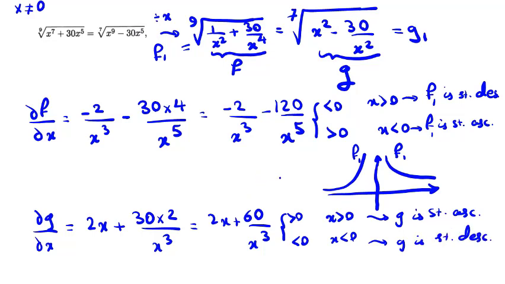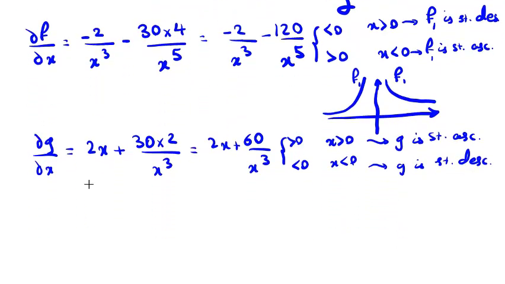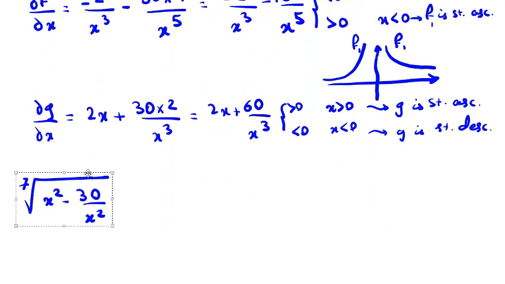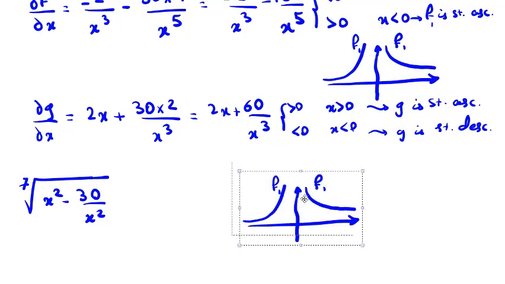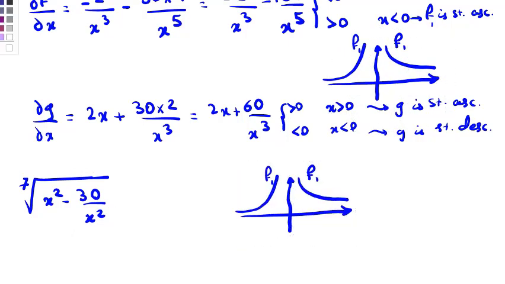So if I want to draw g or g1, let's copy this part, g1, and here, Control C, Control V. So I draw g1 with lag. If you consider x goes to positive infinity, it will go to positive infinity.